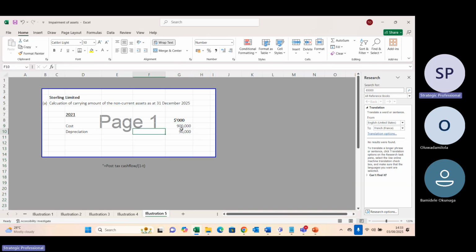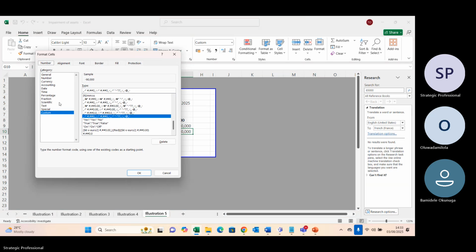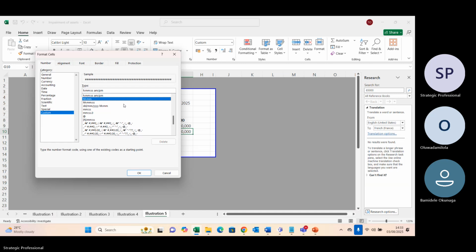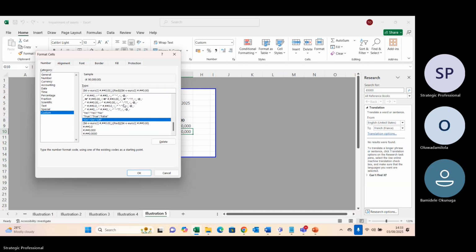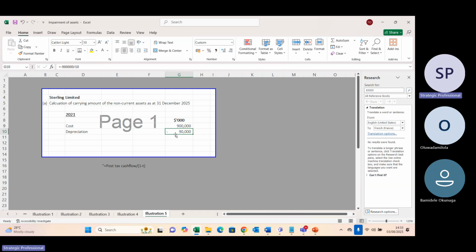Okay, so cost minus depreciation. Our depreciation is 90,000. So cost minus depreciation.